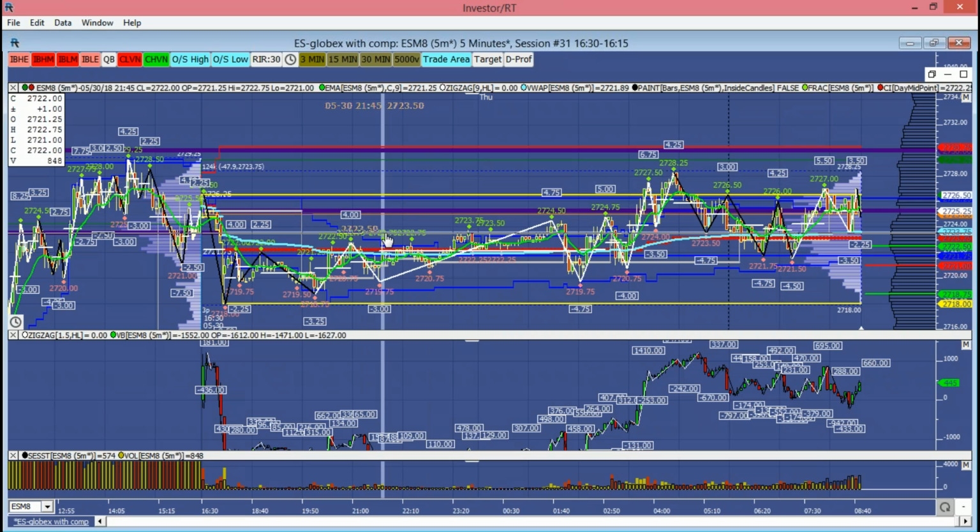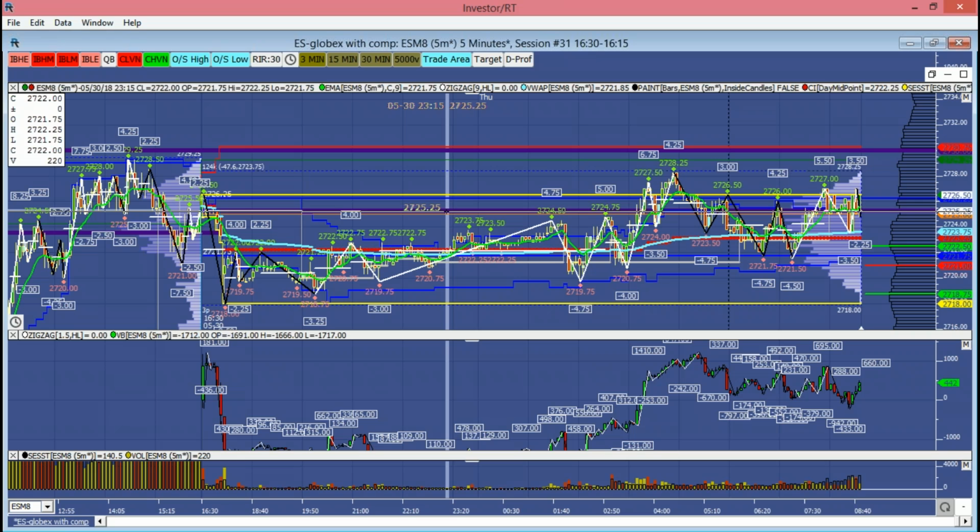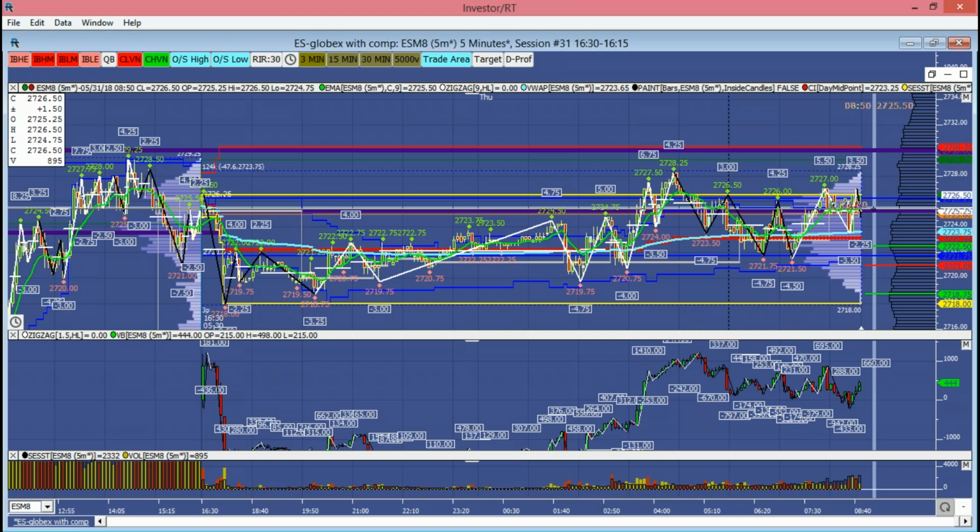But you can see that the VPOC from yesterday was at 2350, in line with the micro composite VPOC, and overnight we shifted the overnight VPOC up to 25 and a quarter. And this is important because we need to have this price acceptance in order to continue the move up higher if we're going to.